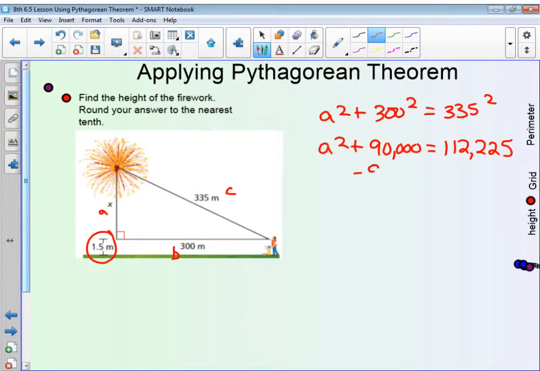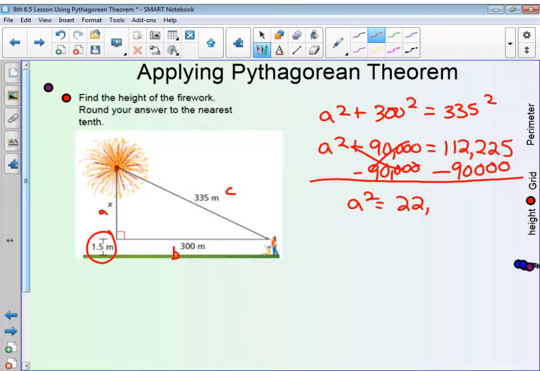We still end up doing the same steps, just in a different order. Okay, so now when I simplify this, I have a squared equals 22,225.